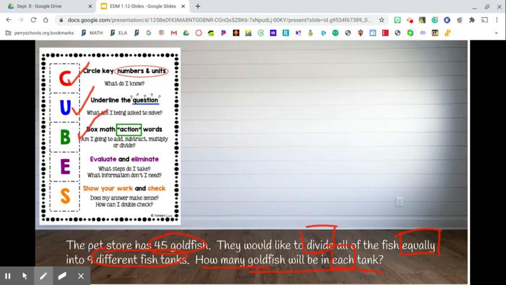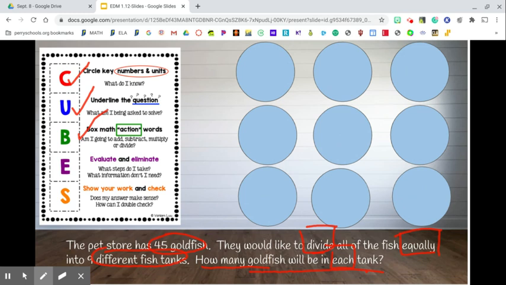Next, I'm going to think about what steps do I need to do, what information I might not need. I'm thinking about my picture, and I don't really want to draw 45 goldfish and then try to put them into groups of 9. I think that would be a little bit difficult, but one thing that I could do would be to draw the 9 fish tanks.